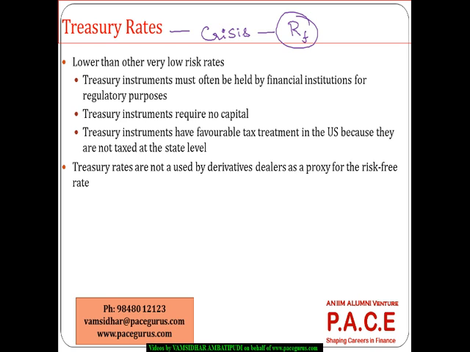They are very low, lower than the other very low risk rates like LIBOR or swap rate. Compared to these, they are also treated very close to risk-free rates, and typically they are used very heavily in the valuation of derivative securities also.